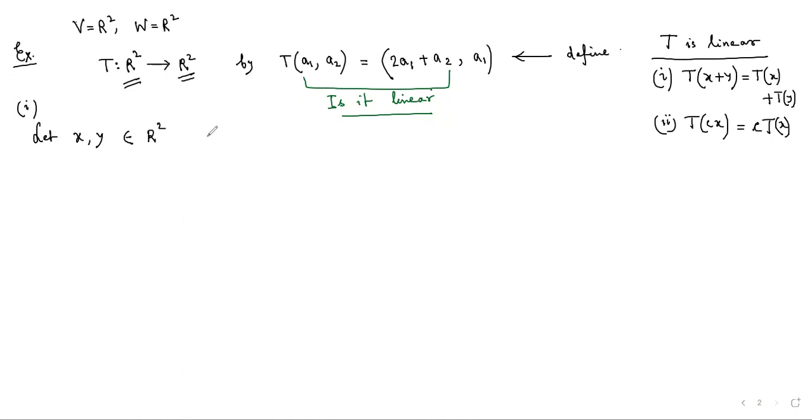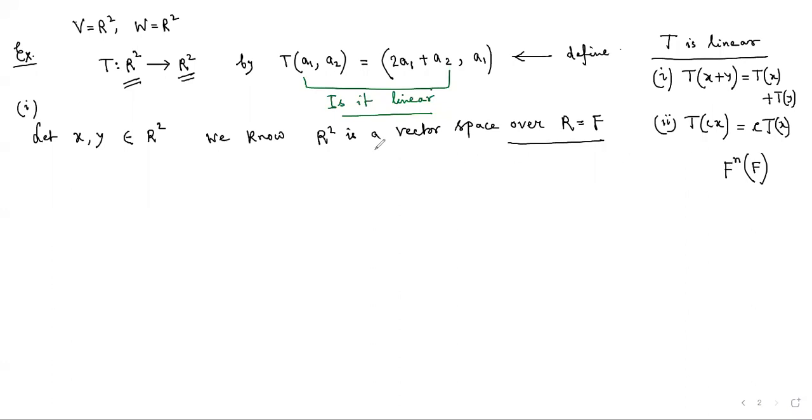We know it is already proved that R2 is a vector space over R, where the field is R. This is from the first chapter, in the first example, where F is a field and F^n is a vector space. Here F is taken as R and n is taken as 2. If I take F to be R and n to be 2, then we find that R2 is a vector space over R. Okay.